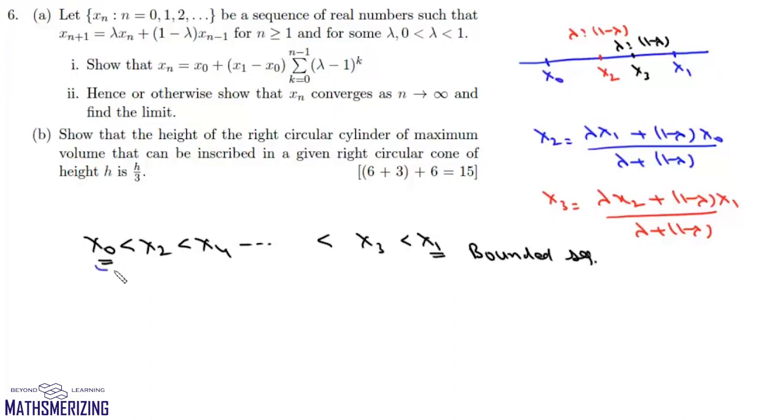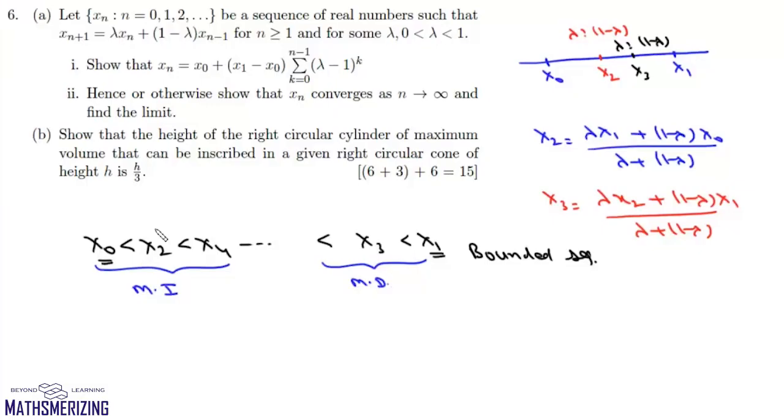Now the sequence of even terms is monotonic increasing, and the sequence of odd terms will be monotonic decreasing. So both the subsequences of this sequence will converge.